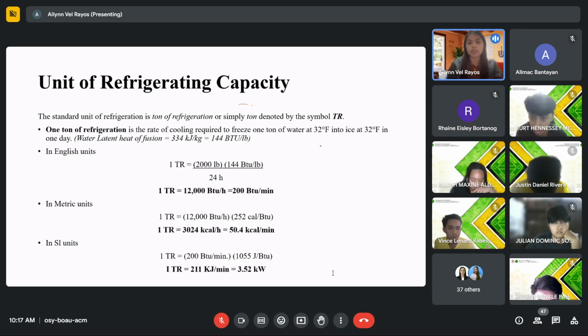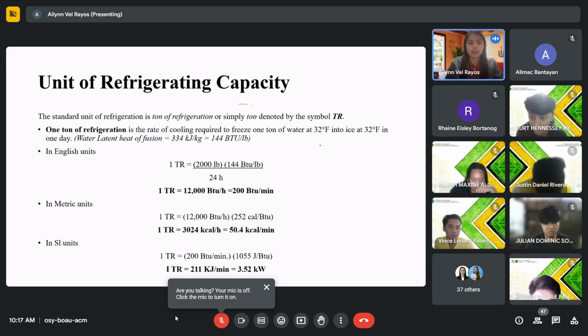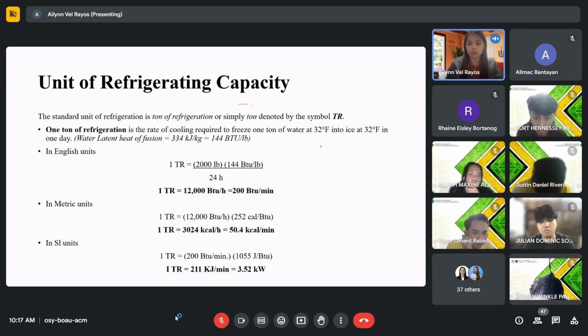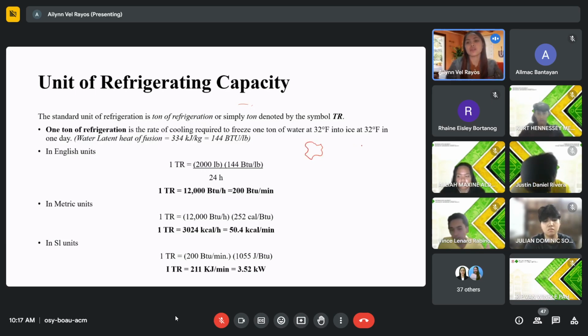So, meaning, kailangan natin or yung ton of refrigeration natin is yung amount of heat required para ma-convert natin yung 1 ton na water at 0 degrees Celsius to 1 ton of ice at 32 degrees Fahrenheit or 0 degrees Celsius. Clear ba tayo doon? So, para mas madaling maintindihan, for example, meron tayong ditong water, pero basta, para lang may distinction tayo.